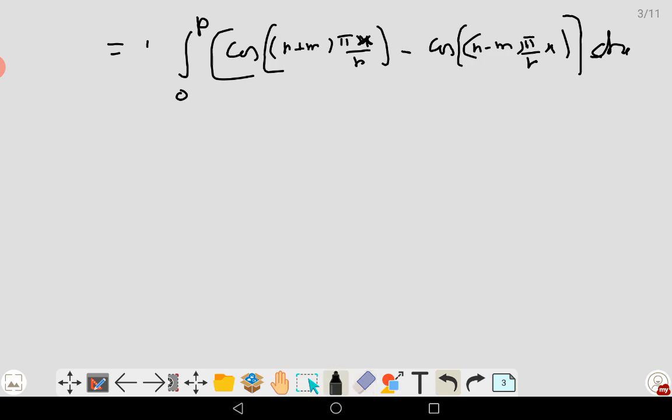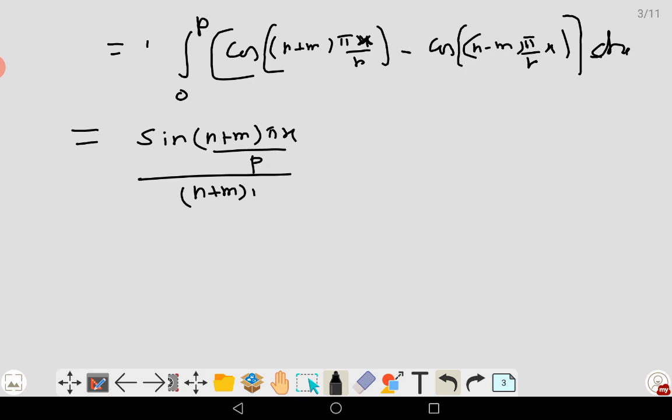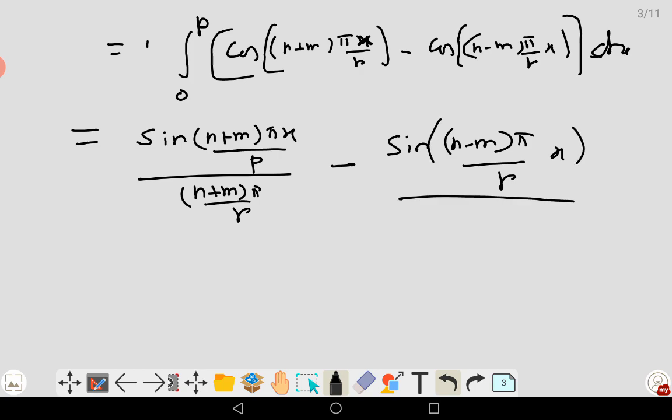So when you integrate, what you get is sin (n plus m) pi x over p divided by the coefficient (n plus m) pi over p, minus sin (n minus m) pi x over p divided by (n minus m) pi over p, from 0 to p.